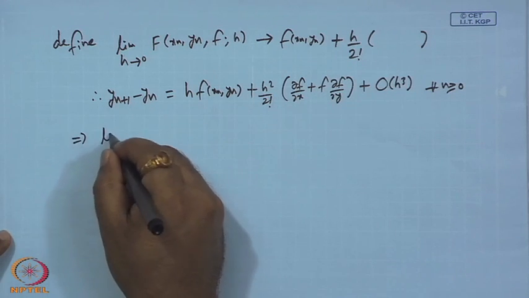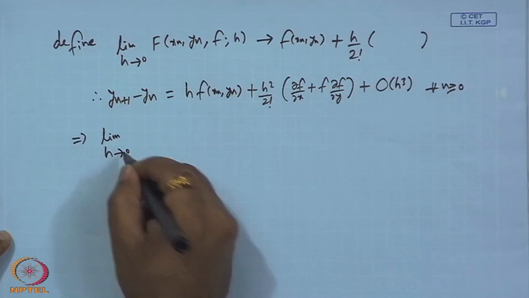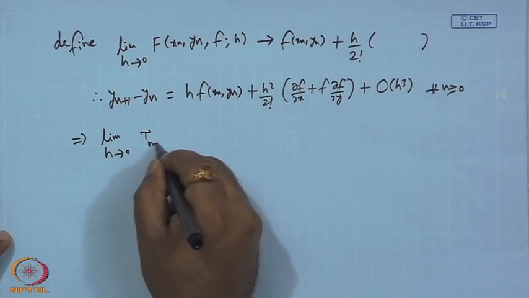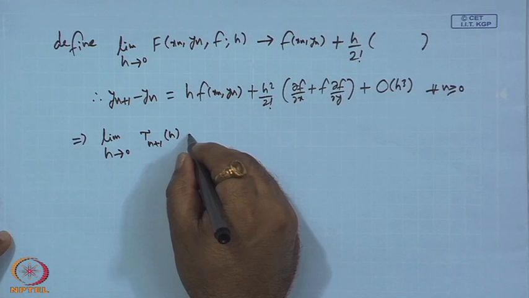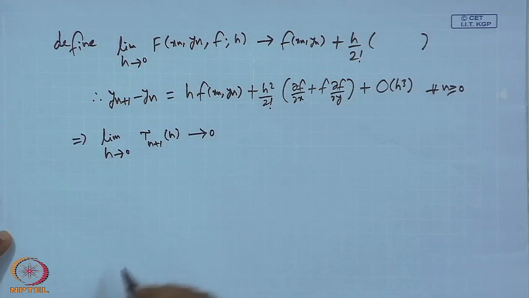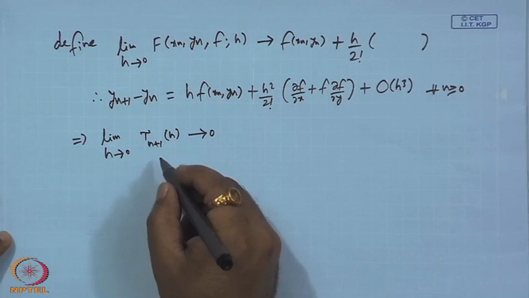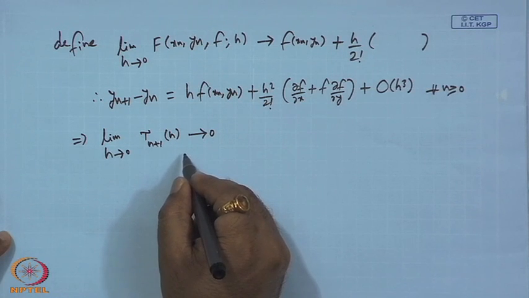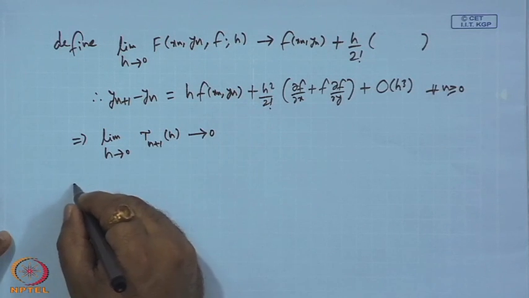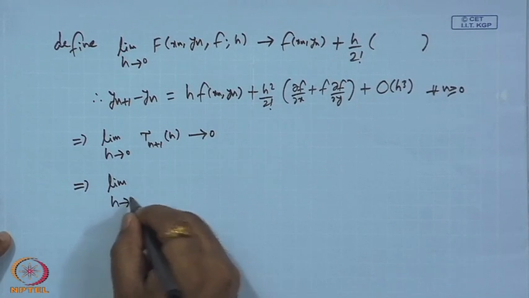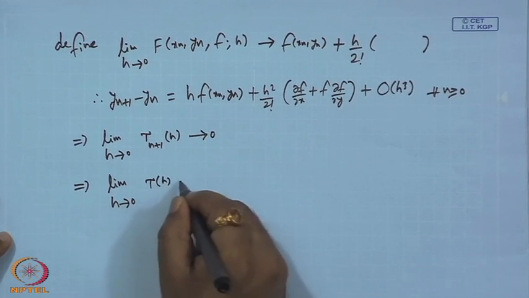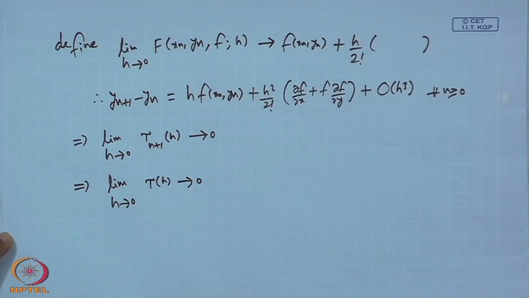So, this implies limit h goes to 0 of tau n plus 1 h. So, this goes to 0. Okay. So, this implies limit h goes to 0 tau h goes to 0.